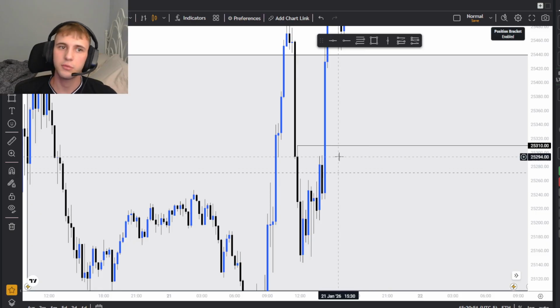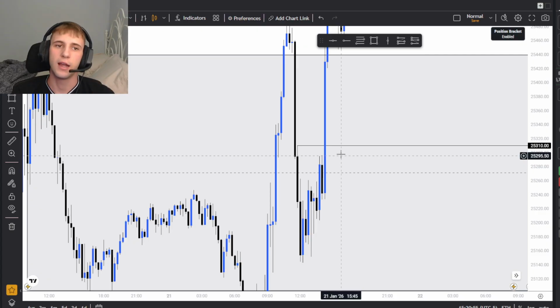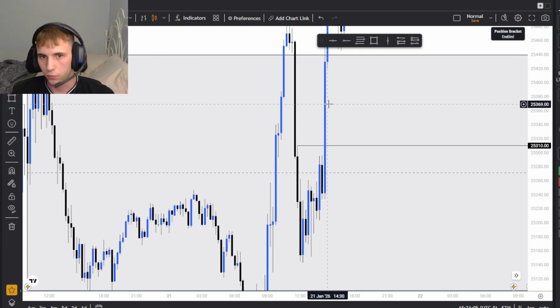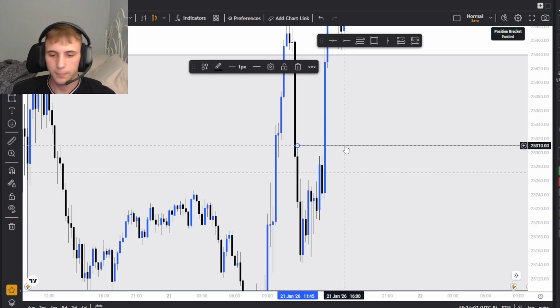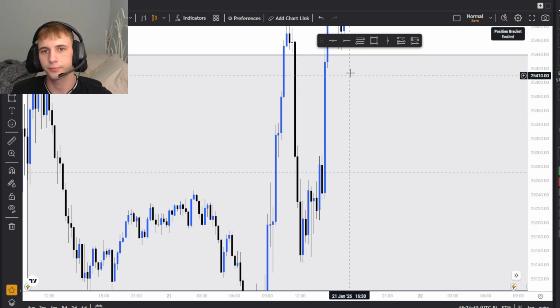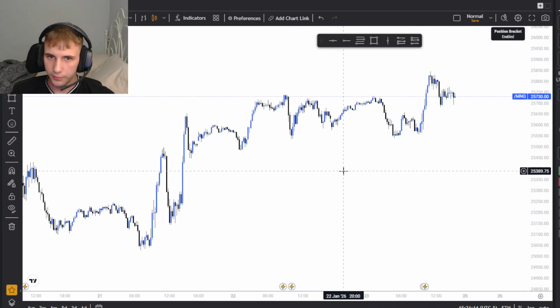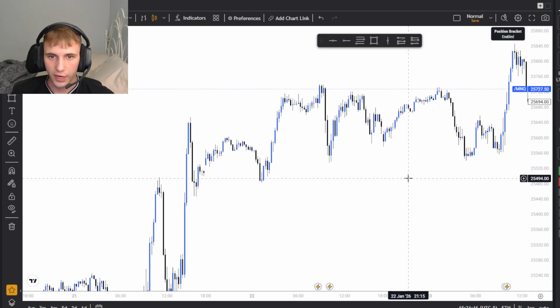So that means that's a low time frame high. Because it is a low time frame high, it doesn't hold much power. And what happens? Boom, we smash right past it. No reaction.